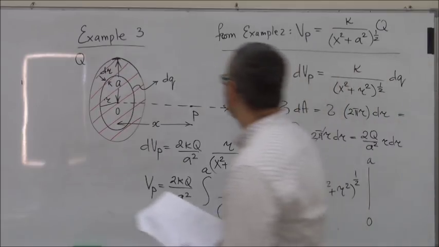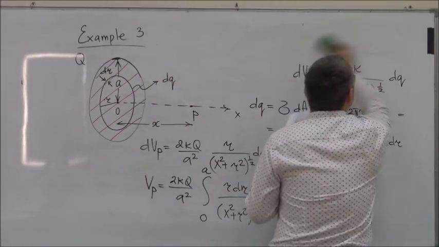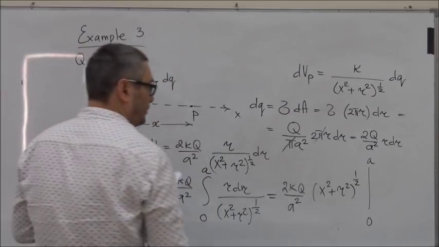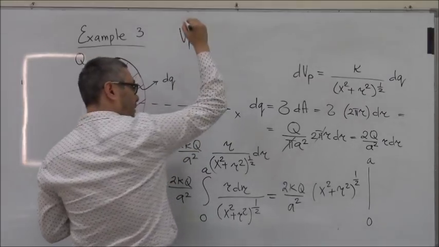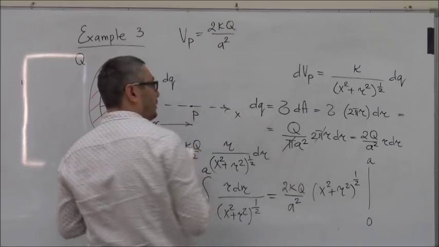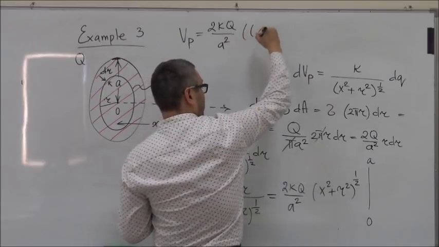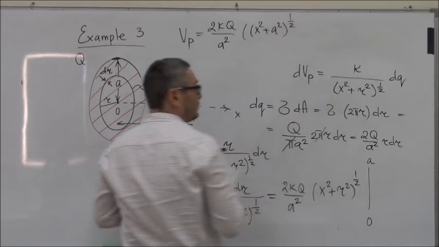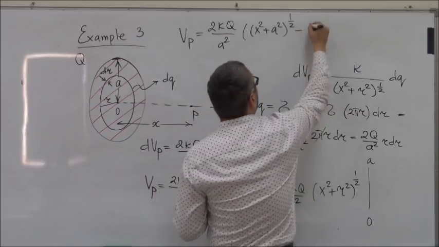So you can now substitute everything in, and you get V at point P is equal to 2kQ over a squared, times the square root of x squared plus a squared, minus x.